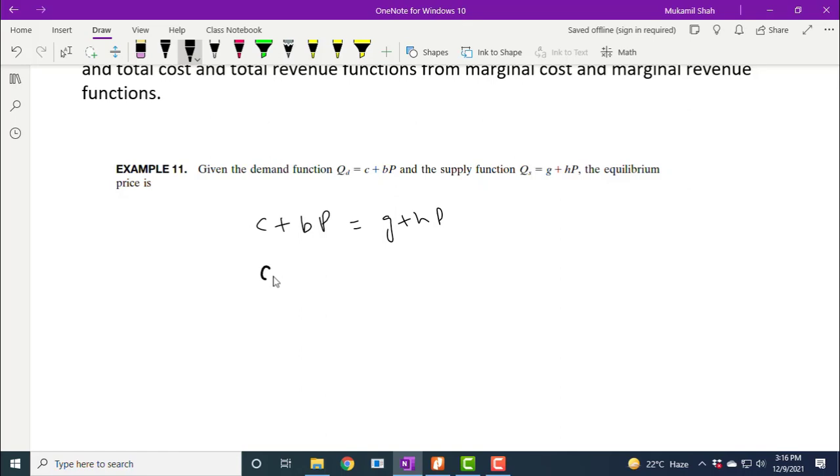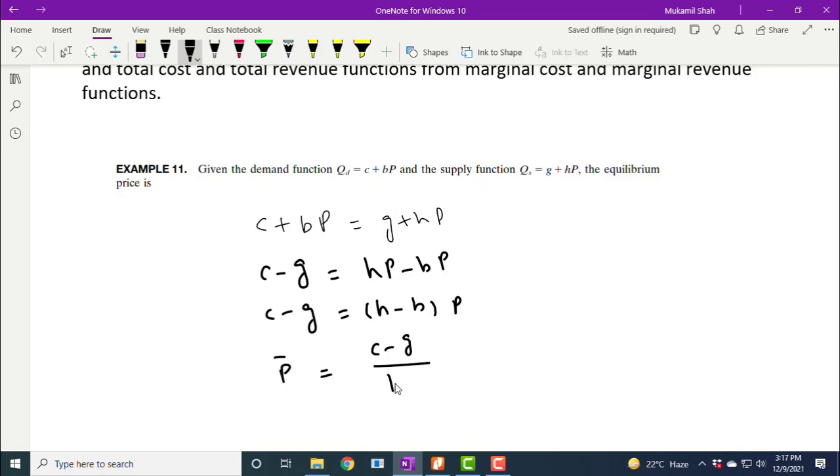Rearranging it, C minus G is equal to HP minus BP, or C minus G is equal to, if we take P common, H minus B into P. And so the market equilibrium price will be P bar, equal to C minus G divided by H minus B. So this is the market equilibrium condition, but this is the initial equilibrium.